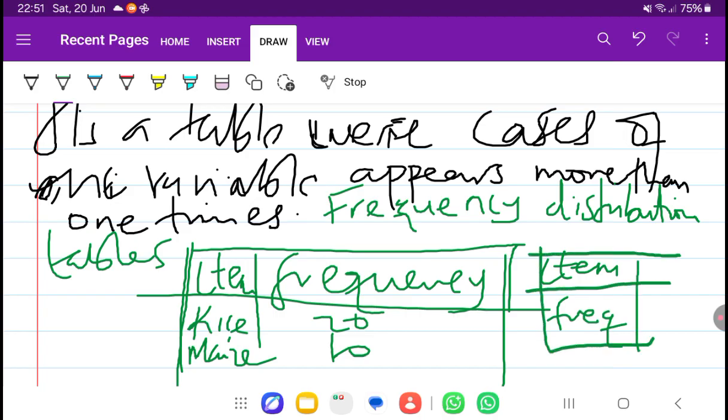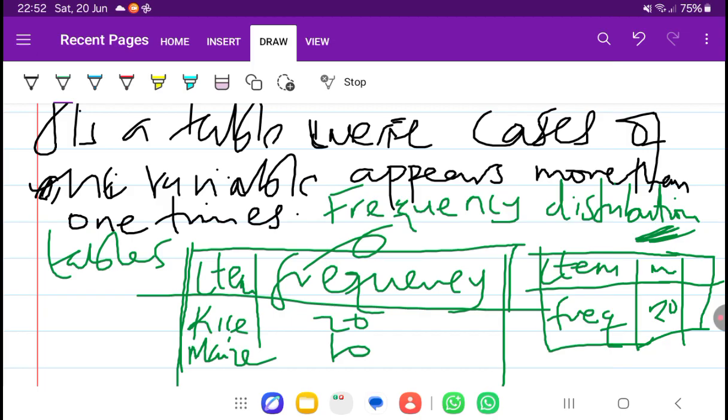Then you put the item, maybe it is maize, we put the frequency, let's say 20. We also put the other one. So this is horizontal, then this is a vertical aspect. Either way, that's how we represent that information in those frequency distributions.